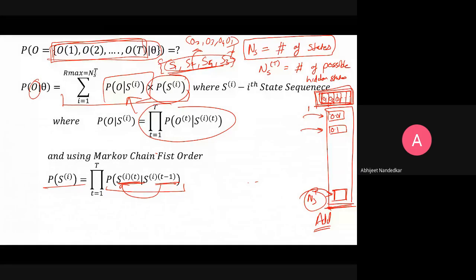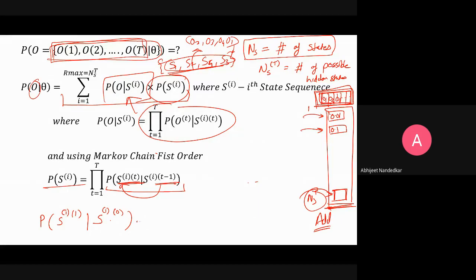Suppose I put t equal to 1, this is the probability of the given sequence Si at t equal to 1 given the initial state, the first step being t equal to 0.